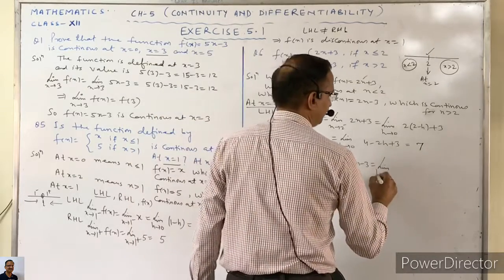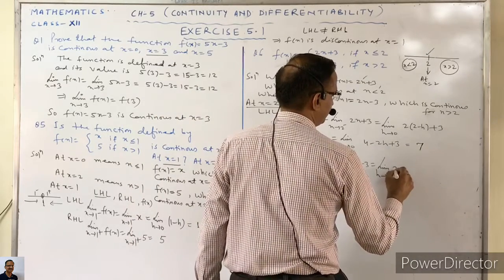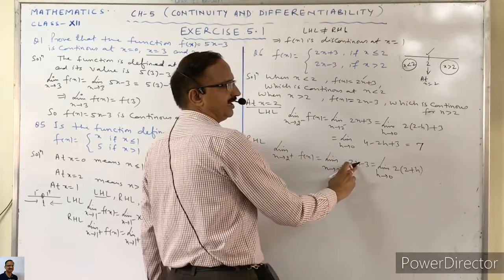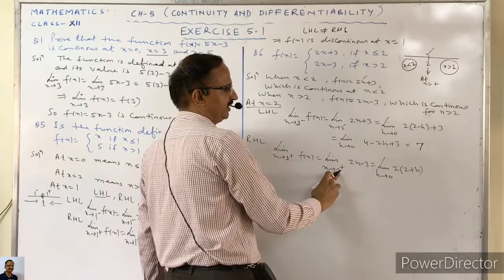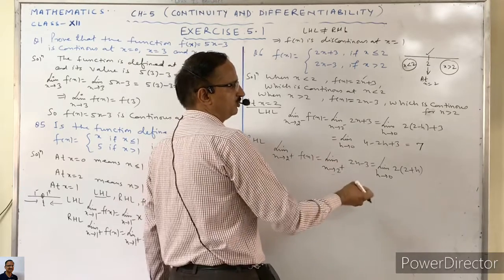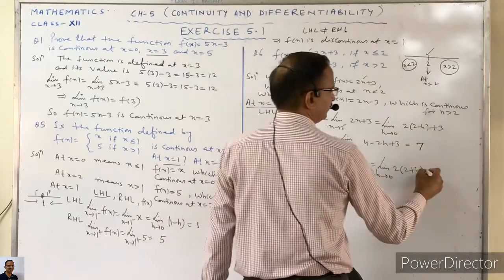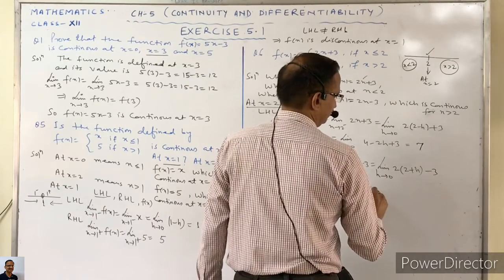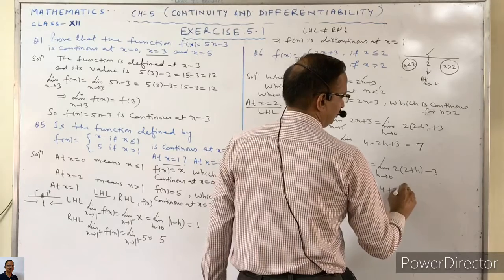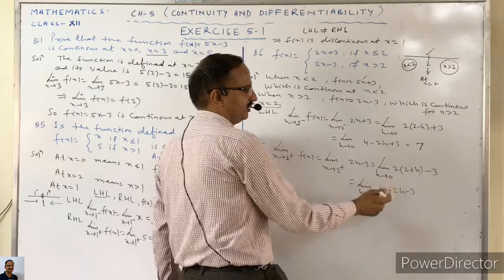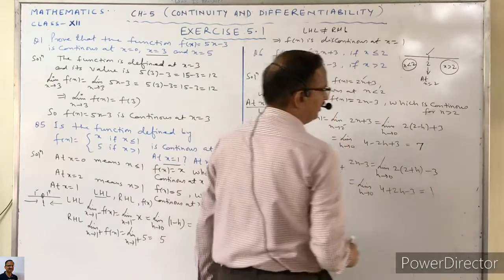So h tends to 0, and we write 2 plus h in place of x, because here we have 2 plus, meaning slightly more than 2. When we simplify this, we get 4 plus 2h minus 3. When we put h equals 0, we get 1.